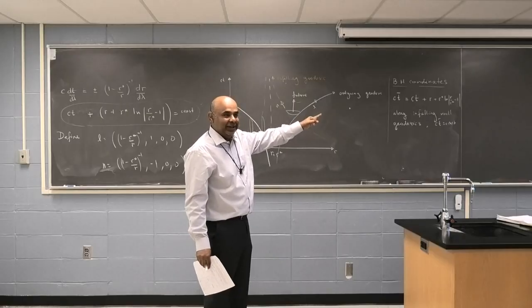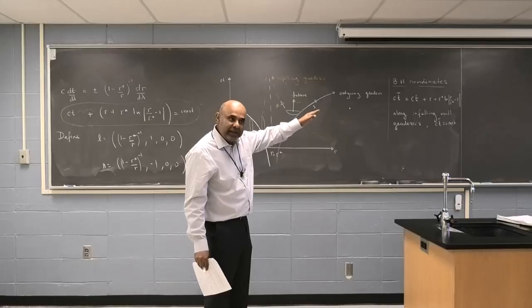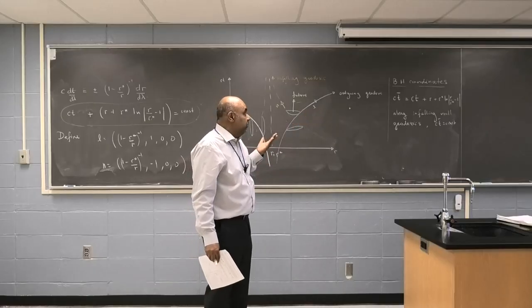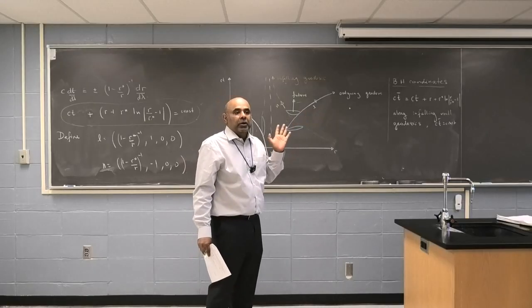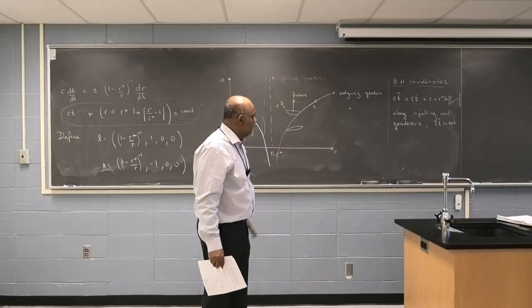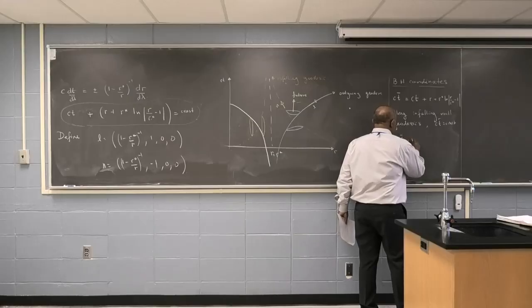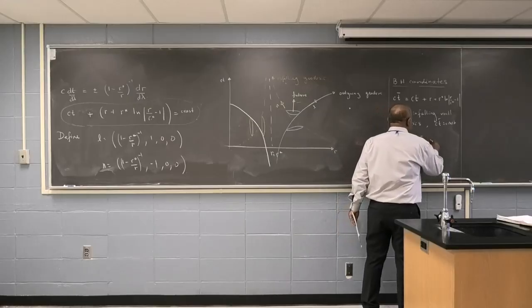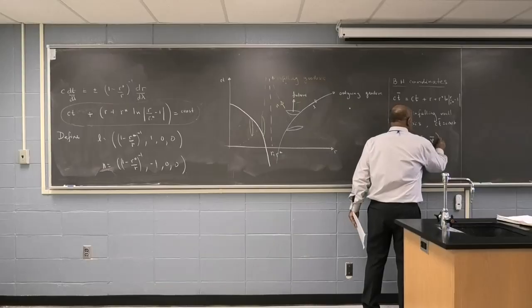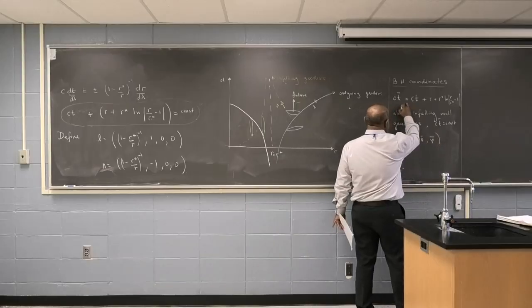So we're using the infalling null geodesic, and that's how we're constructing this. We just created a function, but now we're going to call it a coordinate system. So the coordinate system now will be CT bar, R bar, theta bar, phi bar, where this is given by that.